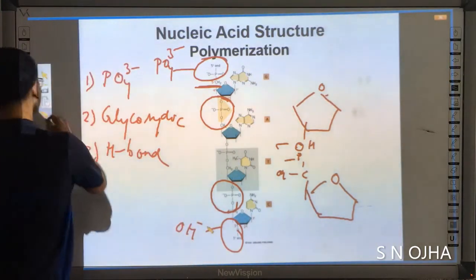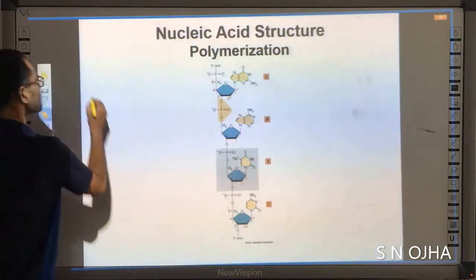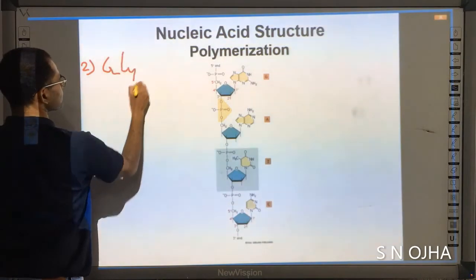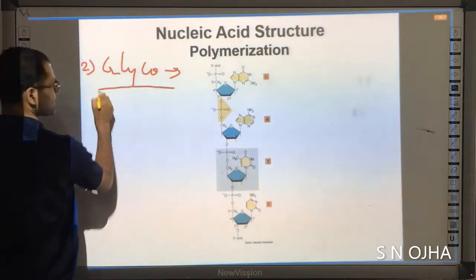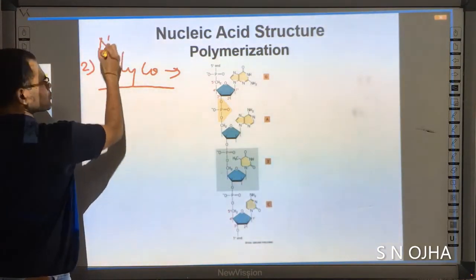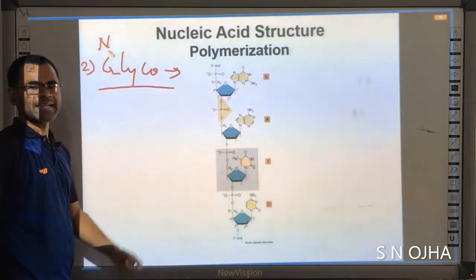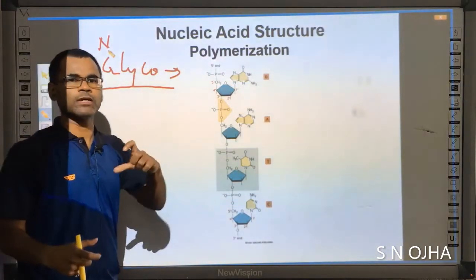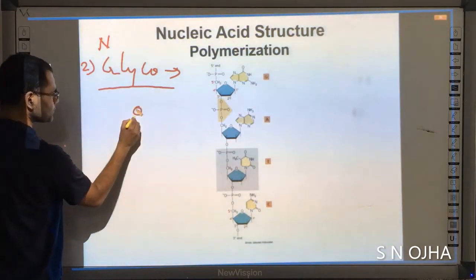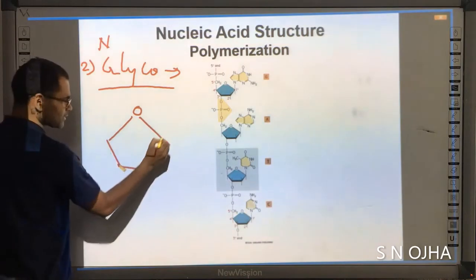Second type of bond is the glycosidic bond. It is also called the N-glycosidic bond. Why is it called the N-glycosidic bond? Because it is the linking bond between the sugar and the nitrogenous base. So for example, if this is my sugar, this is the first carbon.